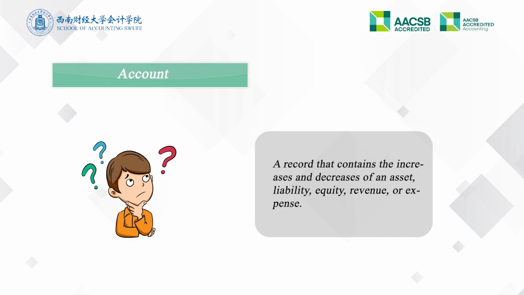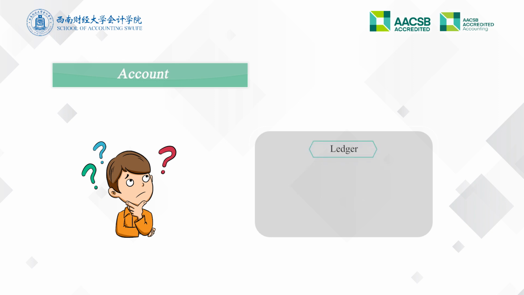An account is a record that contains the increase and decrease of an asset, liability, equity, revenue, or expense. The ledger contains all accounts and the data in these accounts. Generally, what accounts will be used by a company?